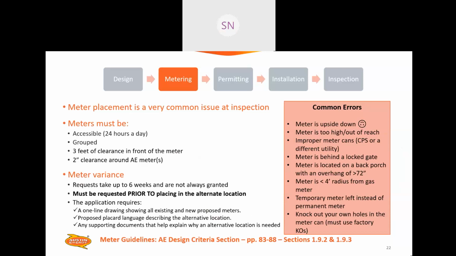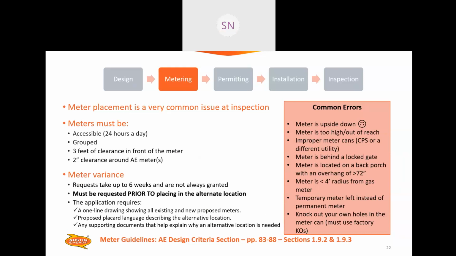And you are not permitted to knock out your own holes in the meter can. You must use the factory knockouts. All of this information can be found both in the AE design criteria sections listed below, as well as in the appendix of this presentation. I've tried to pull out every single reference to meter requirements from the design criteria. So hopefully that will help.